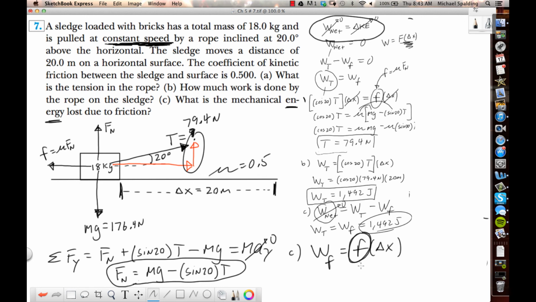What's the equation for friction? Right here. Friction is mu times normal force. Plug that in. And guess what you're going to get if you do that? You're going to get 1,492. If you solve for what the frictional force is and multiply by the displacement, you'll get the same thing.